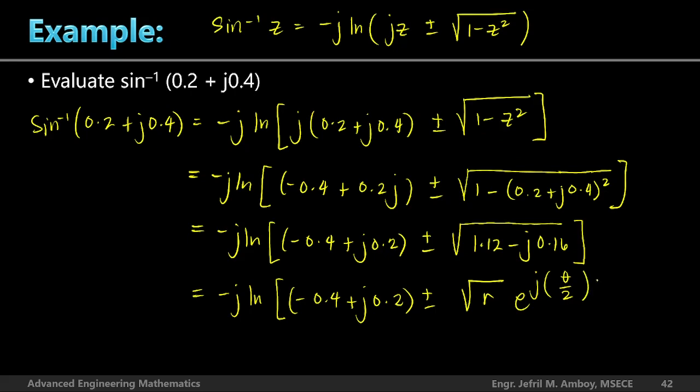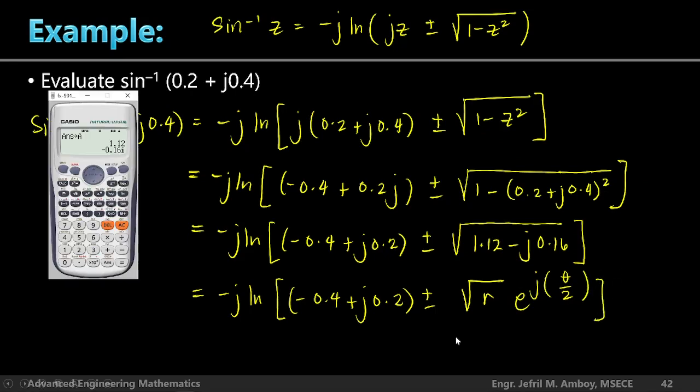Theta over 2. So, paano natin i-evaluate yan sa calcu? Madali lang. Kasi nakasave na siya sa calculator natin. So, square root lang ng absolute value ng A, kasi doon nakastore yung complex number mo.